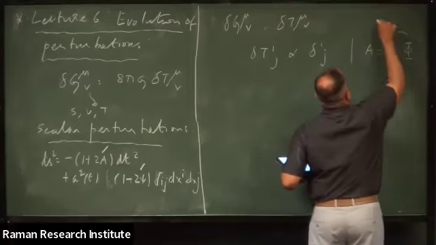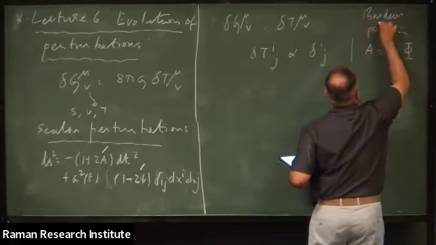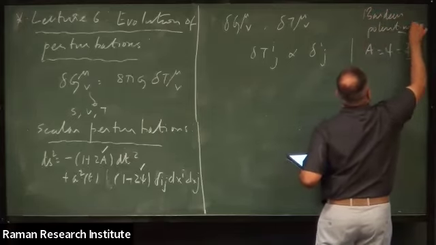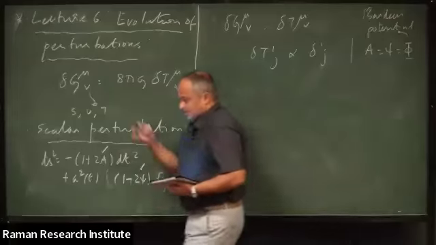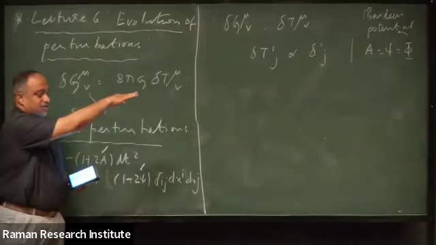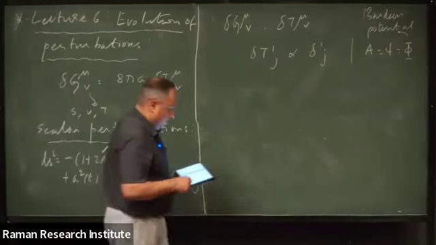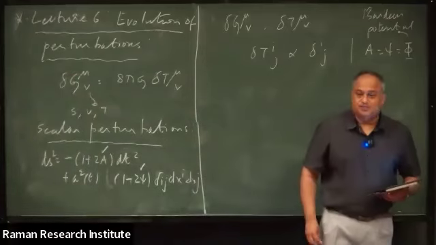And this is often referred to as the Bardeen potential. One is interested in this because it's gauge invariant. You can construct a gauge invariant version, which in this gauge reduces to this. And our goal is to arrive at the equations of motion governing the Bardeen potential.